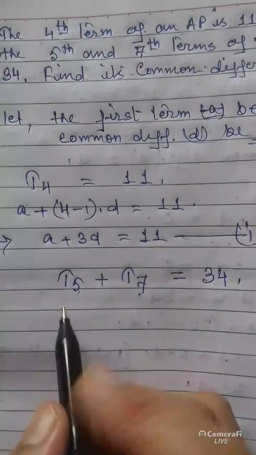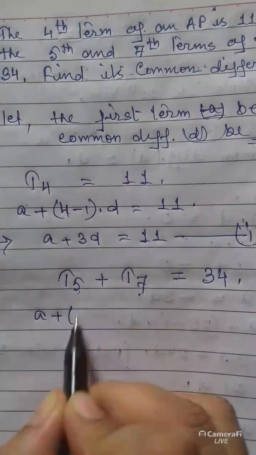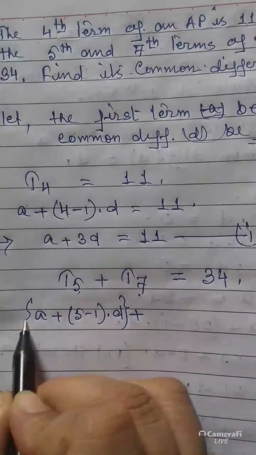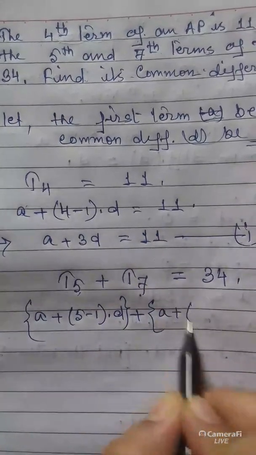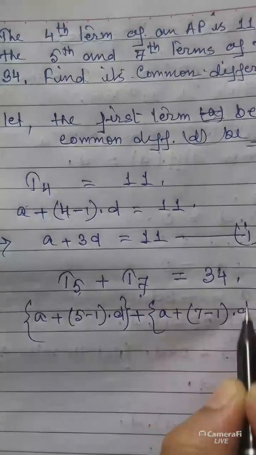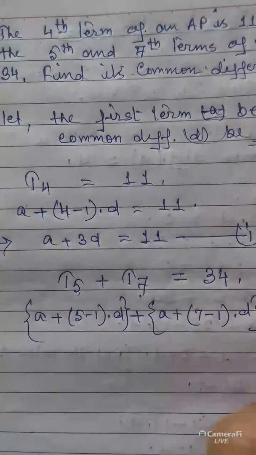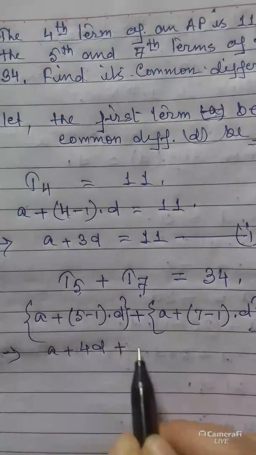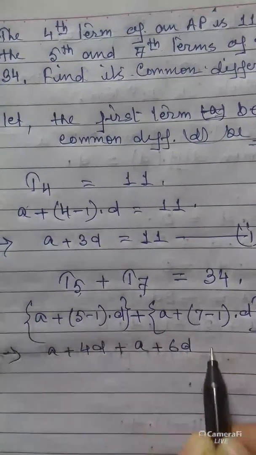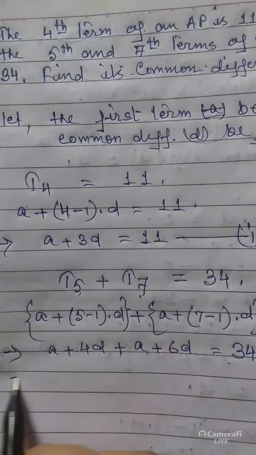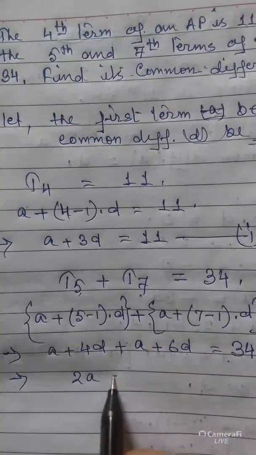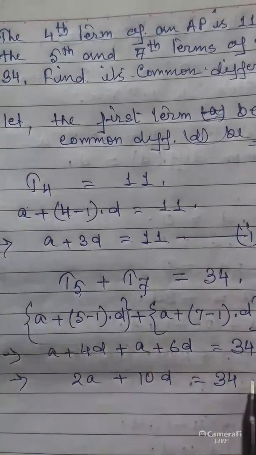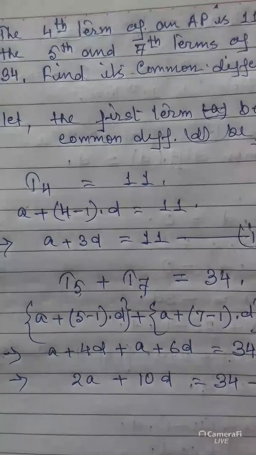Now T5 means A plus (5 minus 1) into D, plus T7 means A plus (7 minus 1) into D, equals 34. A plus 4D plus A plus 6D equals 34. 2A plus 10D equals 34. This is equation number 2.